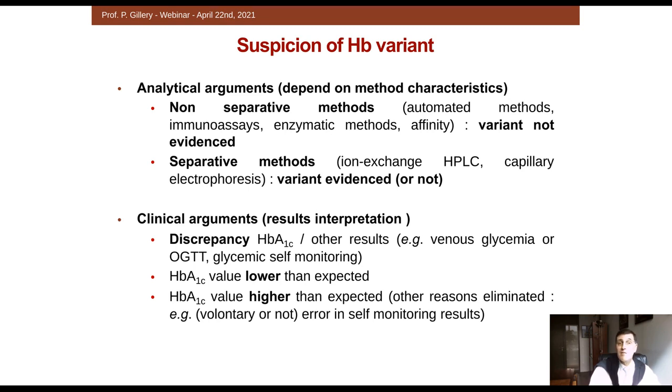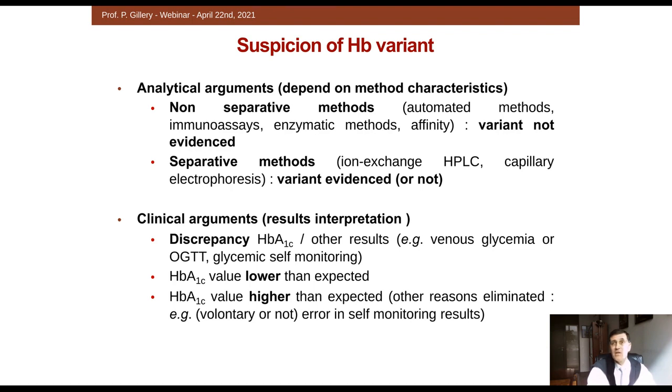And in the case of separative methods, ion exchange HPLC or capillary electrophoresis, the variant may be evidenced, or in some cases not. So there are very different situations according to the variant. There are also clinical arguments which can be evoked during the result interpretation.